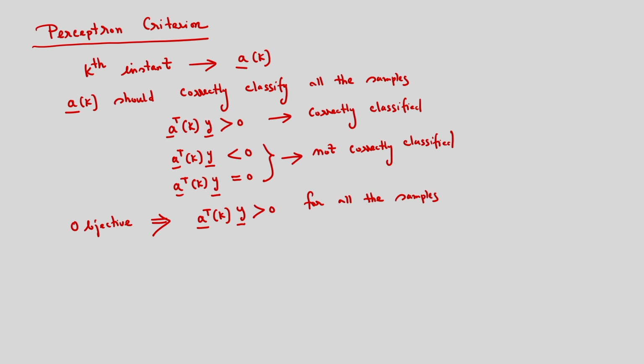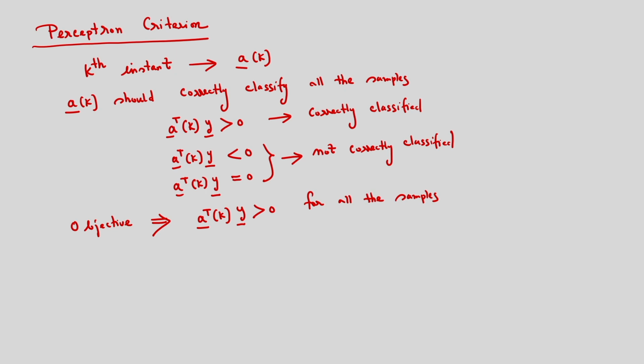So we have to find the weight vector ak so that all the samples are correctly classified, and we will consider all the samples which are not correctly classified by the weight vector ak, because this perceptron criterion is based on the samples which are not correctly classified. So I have to give importance to those samples. The samples which are correctly classified, I don't have any problem.